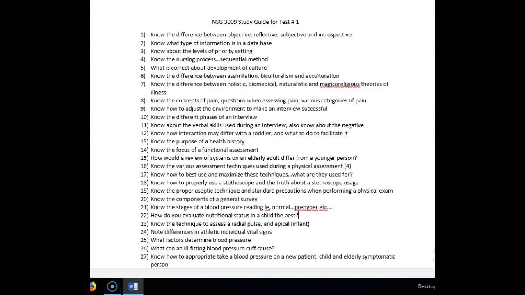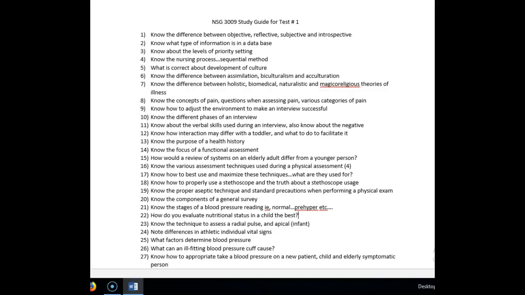Bradypnea, just like bradycardia with the pulse rate, means that they got slow respiration, so below 10. Dyspnea equals difficulty breathing. So, we already know that aspect of it. I do hope that you are aware of that.